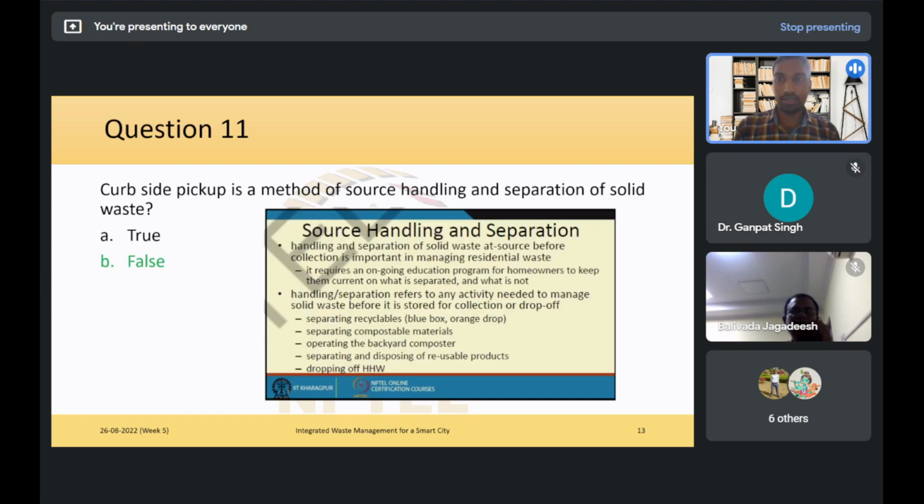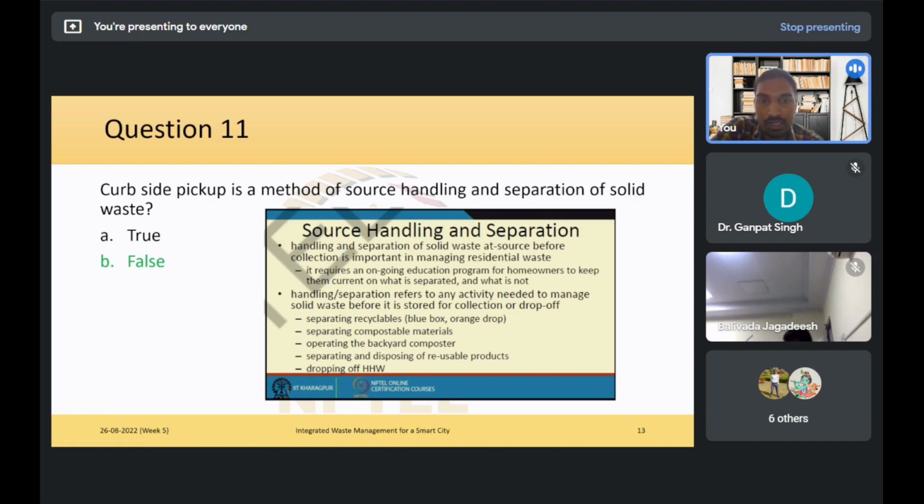All right, so it is actually false. The question here is about source handling and separation, right? Curbside pickup is a method of collection. How do you collect your waste, right? When we are talking about source handling, the different methods we use are to separate the recyclables.